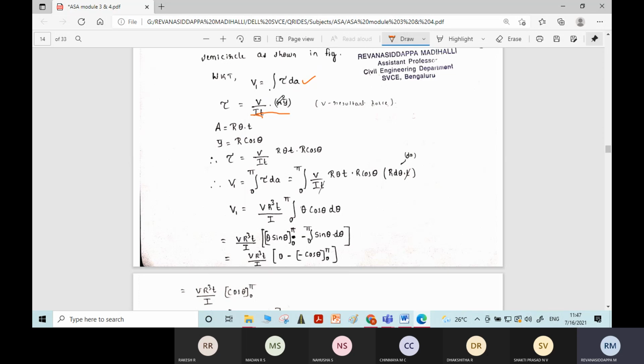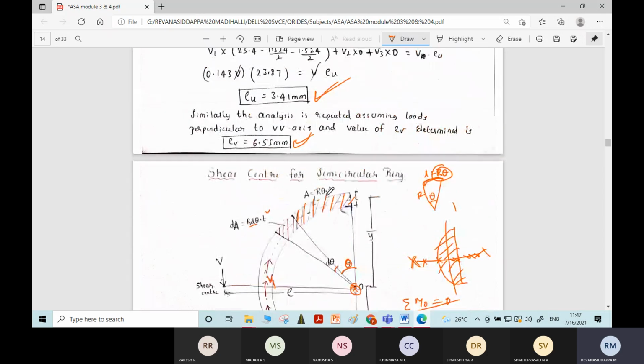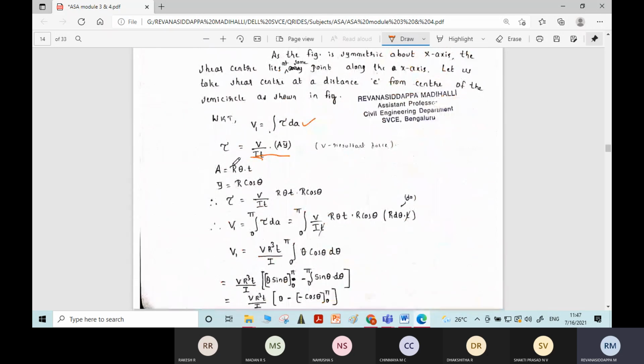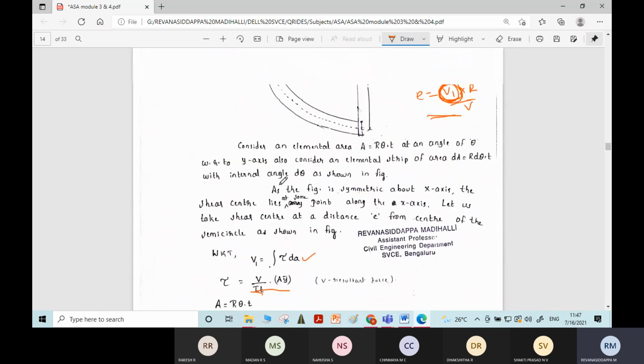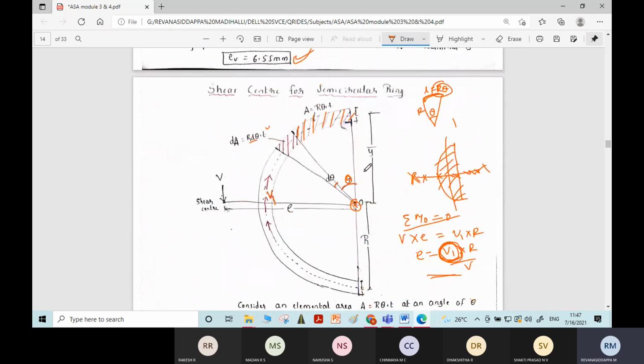Now again we will find the expression for area and Y bar, where A we have already written here as R theta into T, the area of the elemental area, and Y bar is R cos theta. If you resolve this along the y axis, it becomes R cos theta.